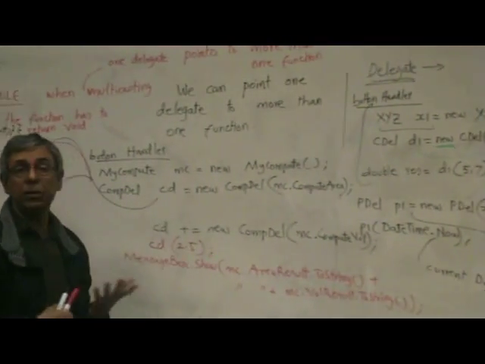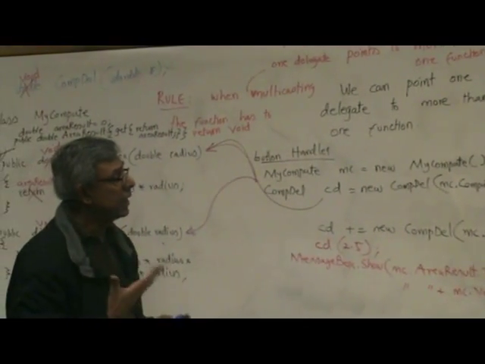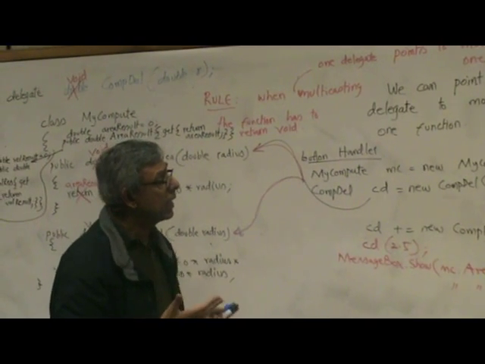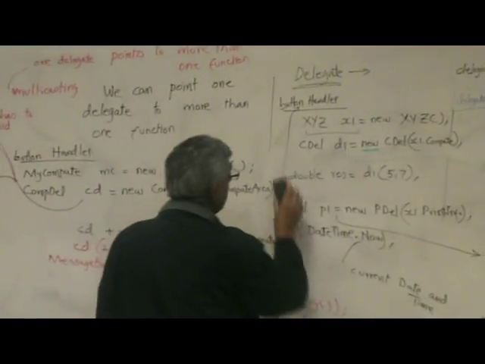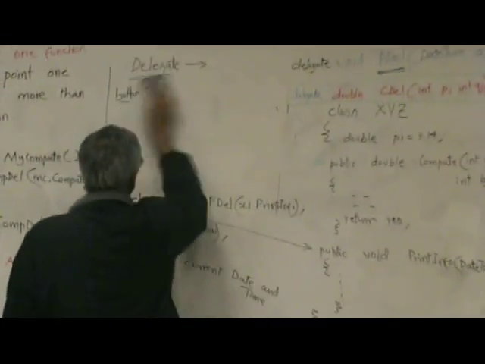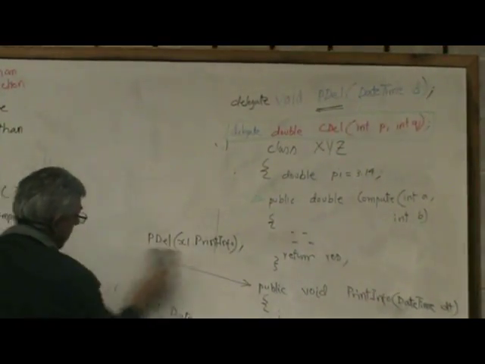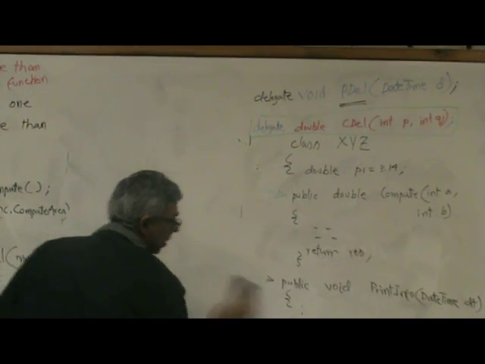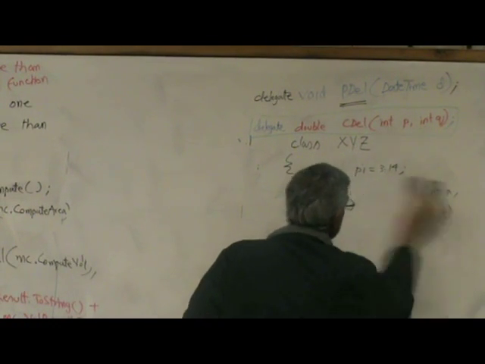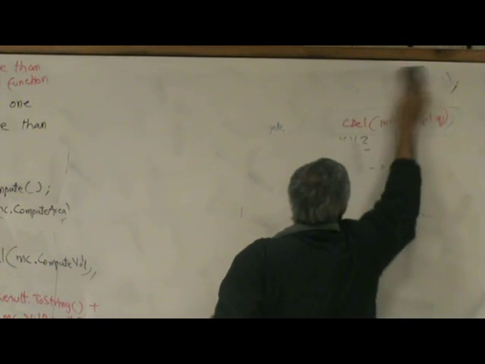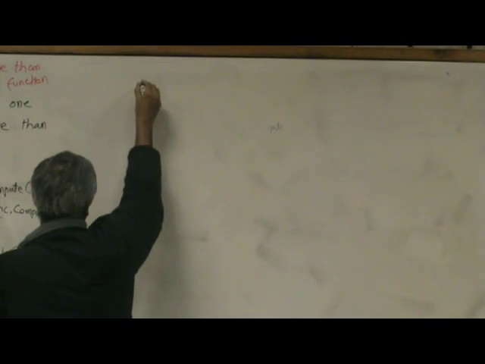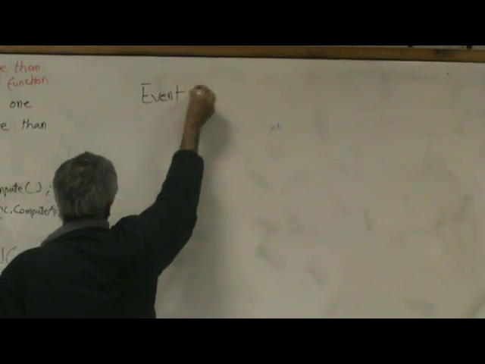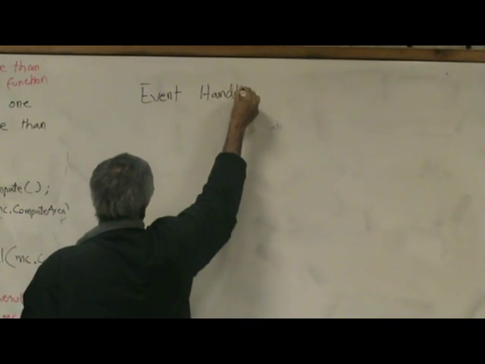So just like we can create our own delegate, in the .NET library, there are many delegates that are pre-created, okay? And we can simply use them to point to whatever function we feel like it. Okay, so now let me describe the concept how event handling is done in .NET.